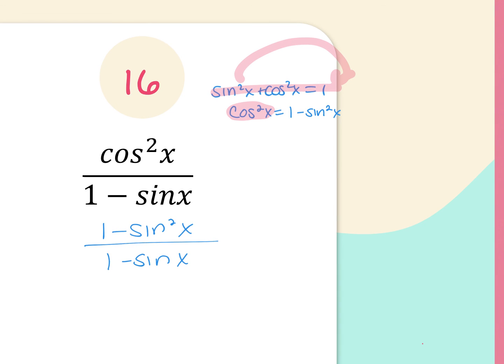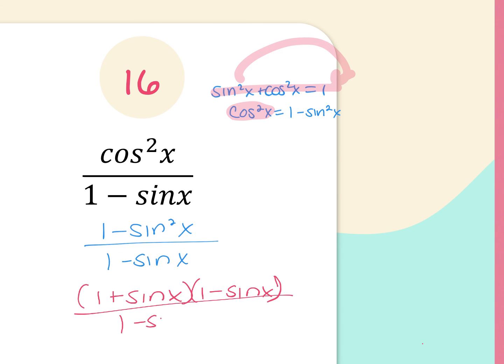Is 1 a perfect square? Yeah. Is sine squared a perfect square? Is there a minus between them? Yeah. What do we call that? A difference of two squares. How do we factor the difference of two squares? 1 plus sine and 1 minus sine.